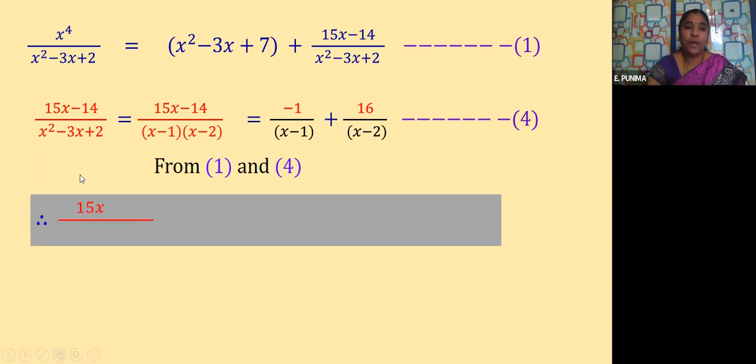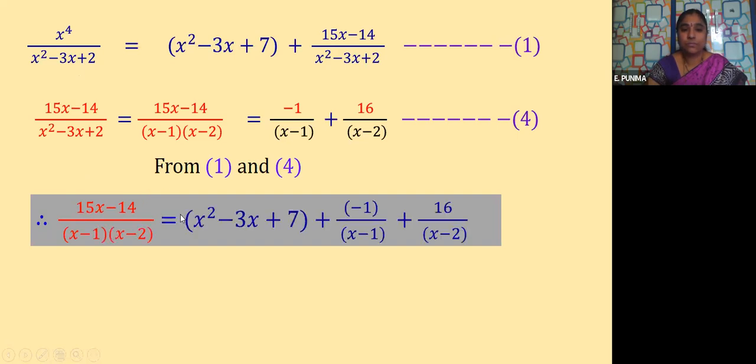X to the power of 4 by x square minus, one second, children. Here one small correction. This is not 15x minus 14, children.